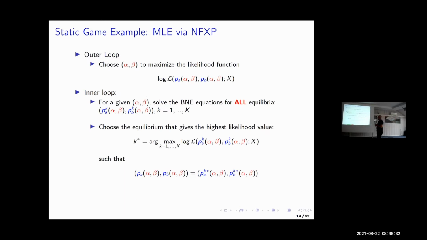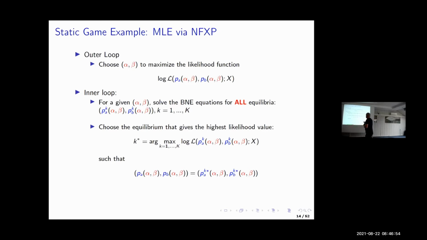So here's how you would do that, for example, with the nested fixed point algorithm. You have to keep in the back of your mind that you're thinking about solving a dynamic game, and there will be best response functions that have state variables and so on. But the principle is the same, except that solving for those equilibria is going to be a little bit harder.